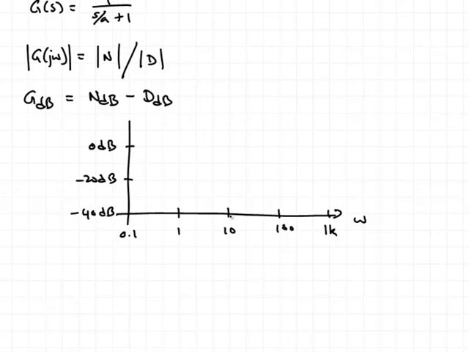And my corner frequency is again right at omega 10. And I have my asymptotic line here, 0 dB. Minus 0 dB is the same as 0 dB. But now instead of having a rising slope, I'm going to have a falling slope.